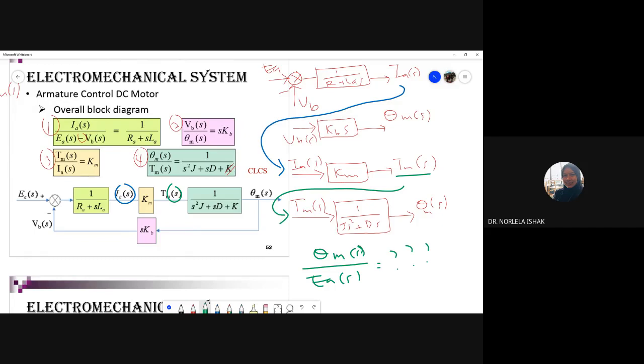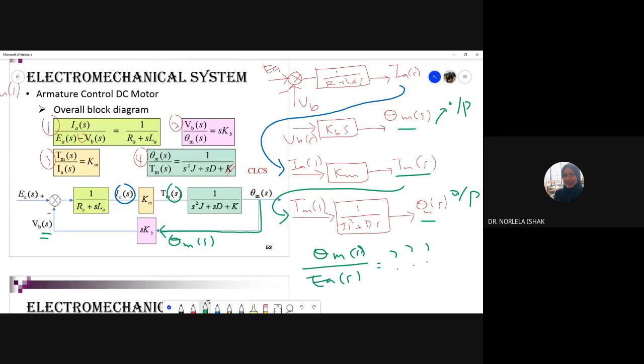From the data, we have this and this. This is our output, and this is also our output. From the output, we measure the displacement, and then we convert the displacement into voltage.